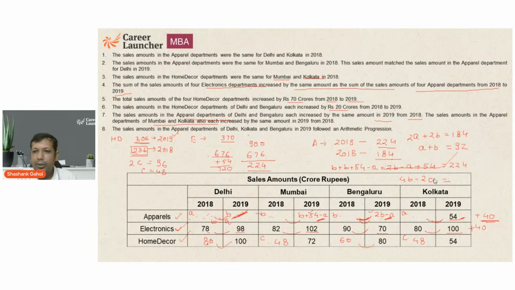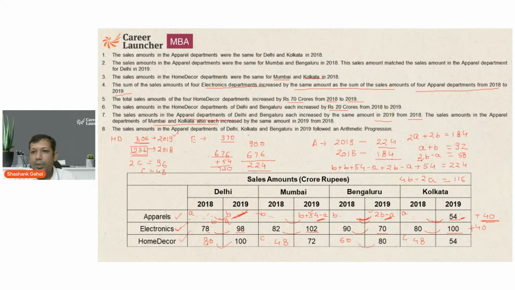If I subtract 108, I am going to get 116. So from here, I get 2B minus A, and that is equal to 58.